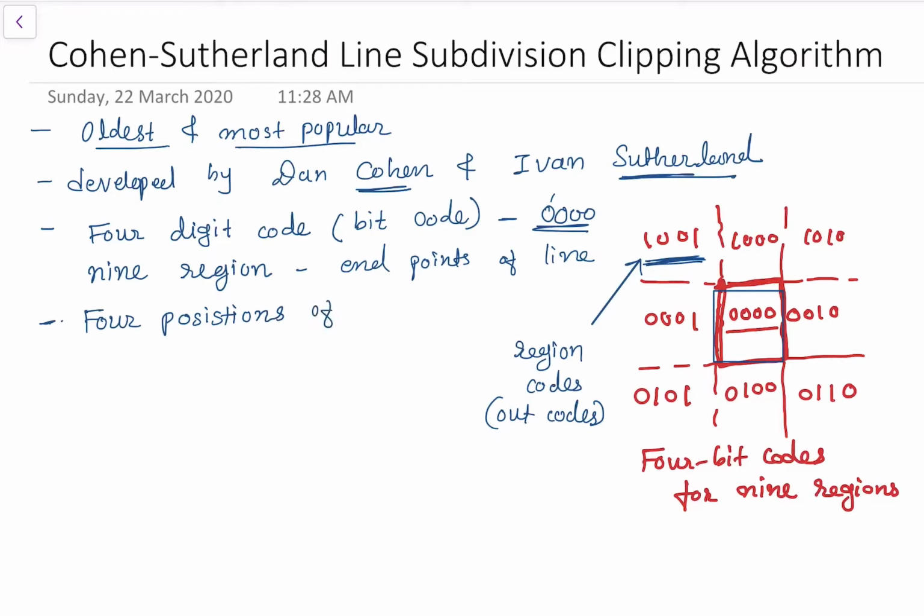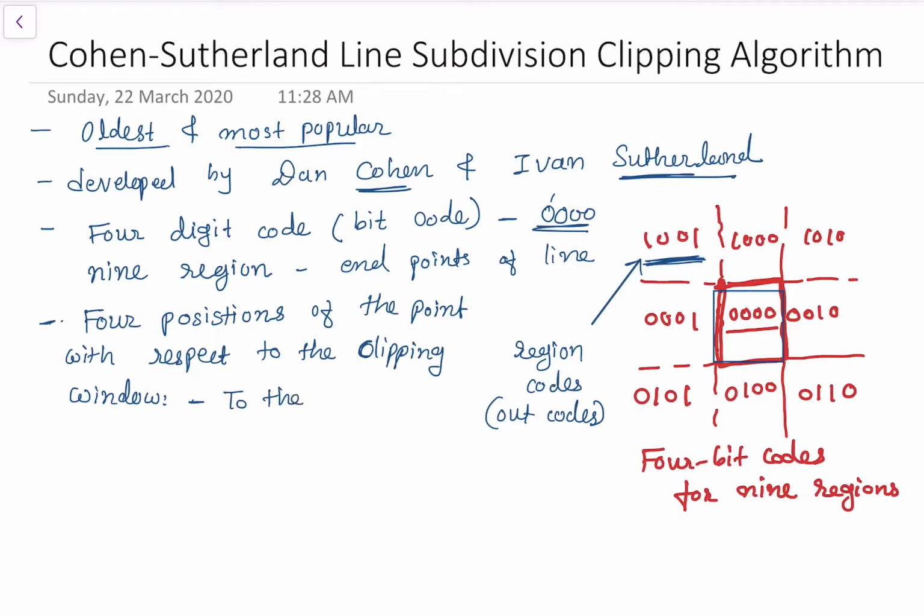Means we have 4 positions of the point with respect to the clipping window, that is top, left, right, and bottom.